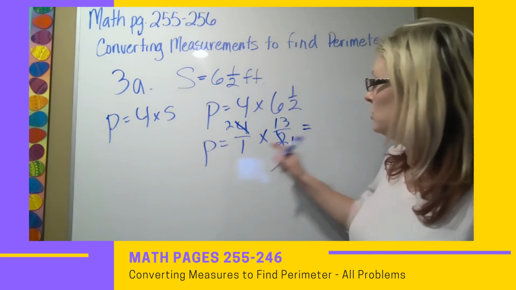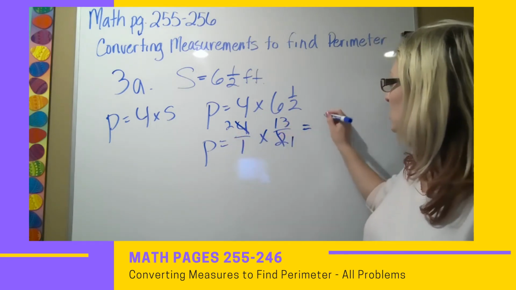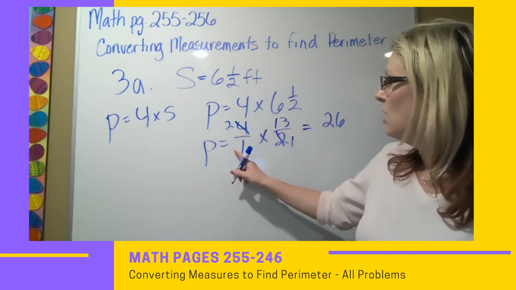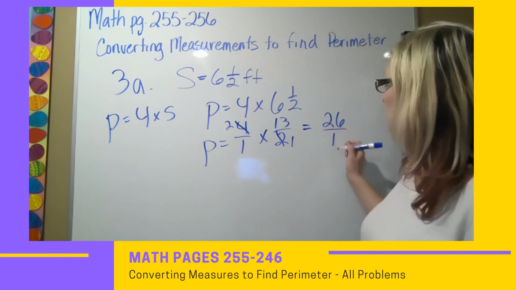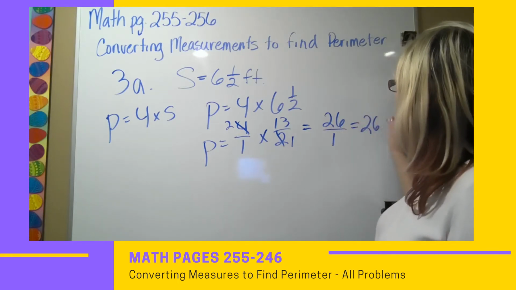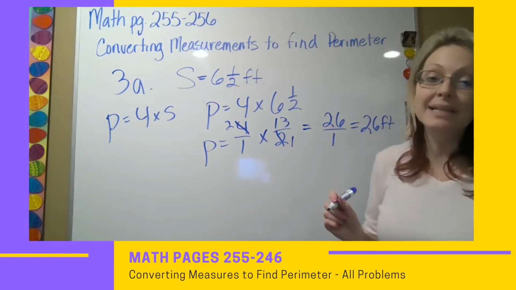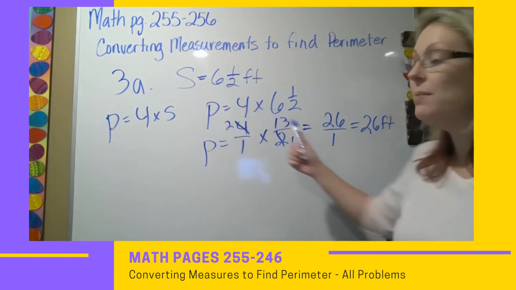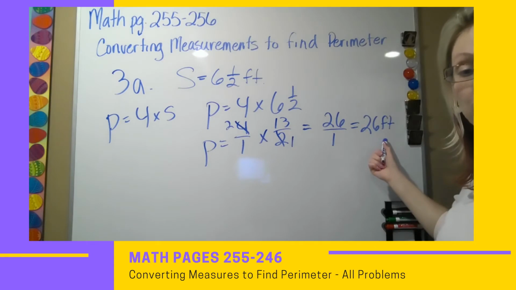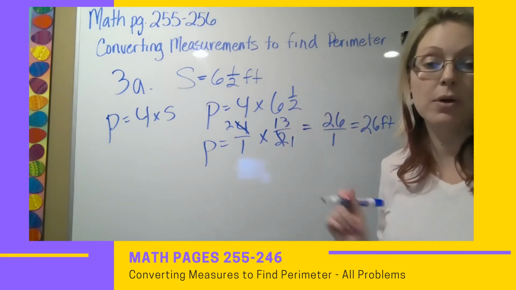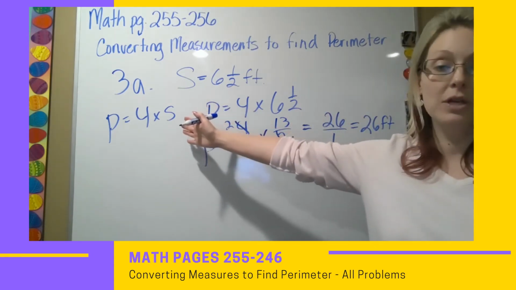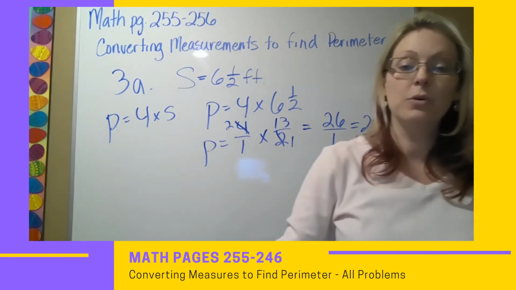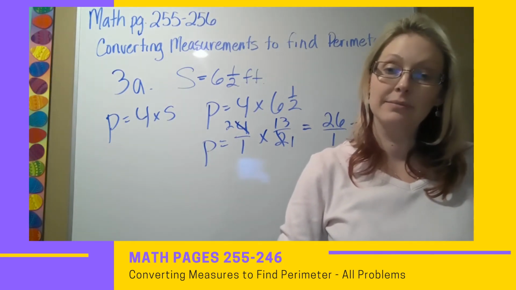I can then multiply across. 2 times 13 is 26. 1 times 1 is 1. I get 26 feet. What that means is that this square has a perimeter that is 26 feet around, right? That's the perimeter by using our equation P equals 4 times S.